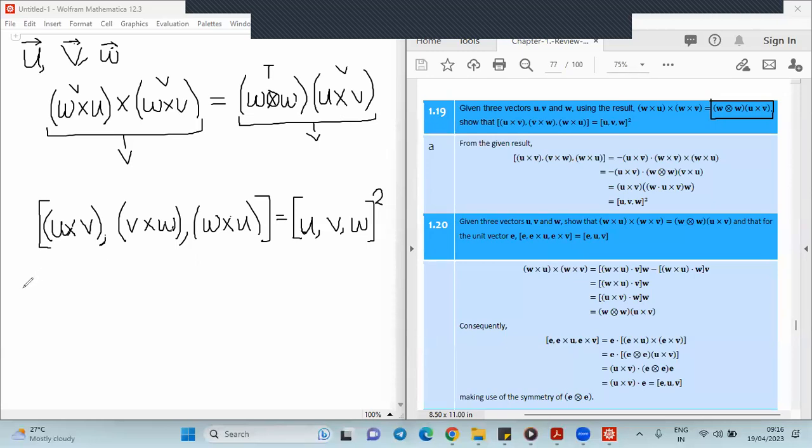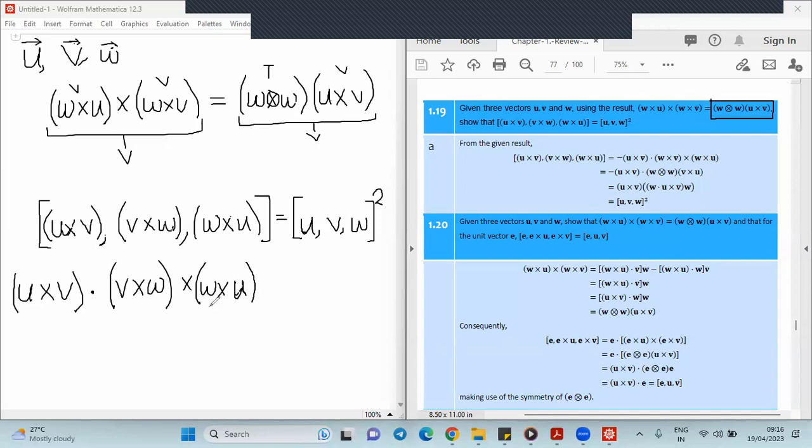Triple dot product. I can write it like this: U cross V dot V cross W cross W cross U.